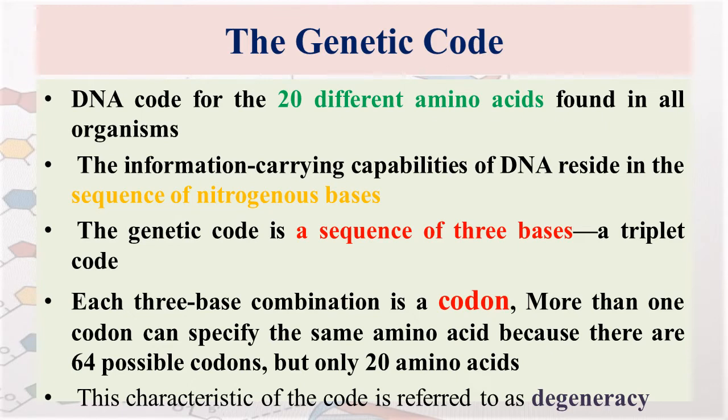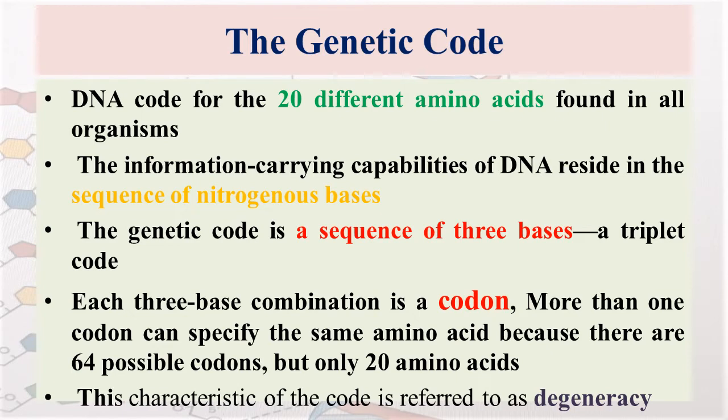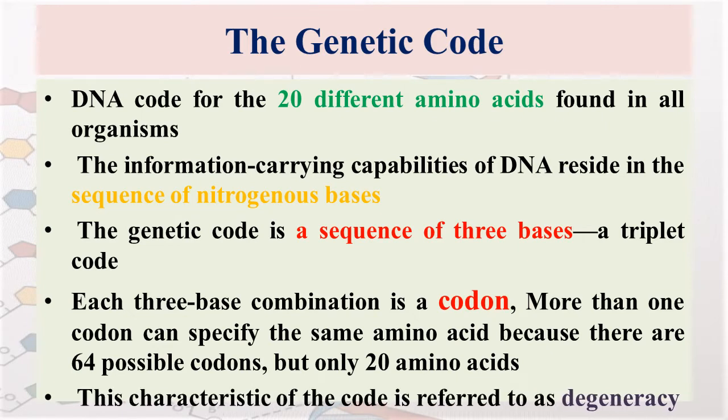There are thousands of different types of proteins, but the building blocks of protein are amino acids, which are only 20 in nature. It means that there are different combinations of amino acids which are specific for a specific polypeptide chain. This characteristic of the code is referred to as degeneracy.